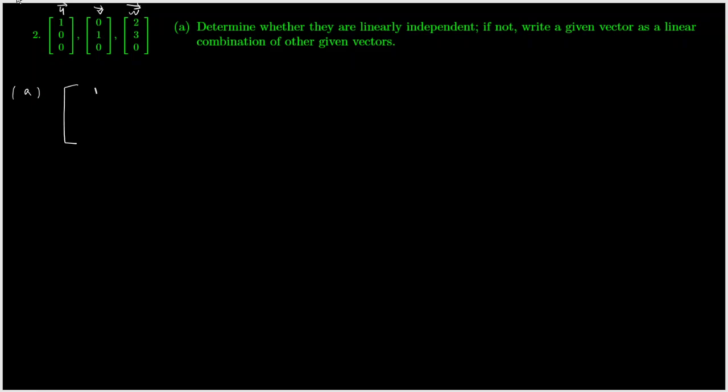The first column has 1, 0, 0. The second column has 0, 1, 0. The third column has 2, 3, 0. And then our target is to make the matrix REF. It's already in REF, right? So we do not have to do anything. So this matrix is already in REF.